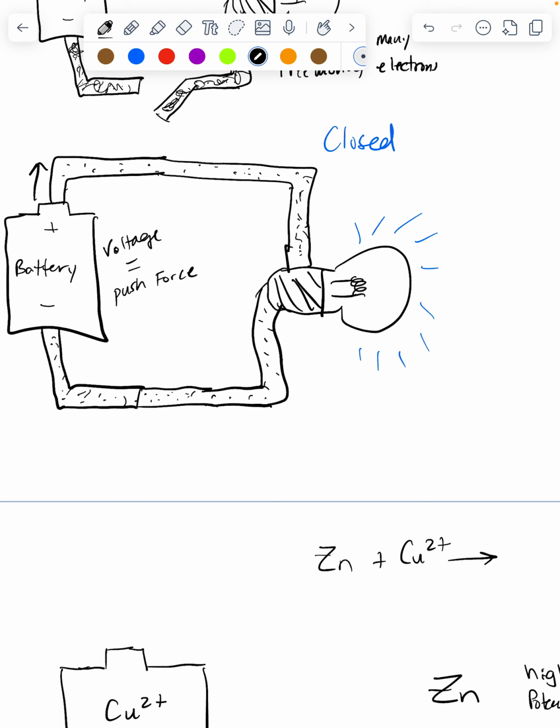Now, because the electrons are really, really packed together, when you start to push on the electrons, this electron here is going to bump into the electron in front of it, and that's going to bump into the electron in front of it, and that's going to bump into the electron in front of it. So the electrons start to bump into each other and push one another down in this direction.